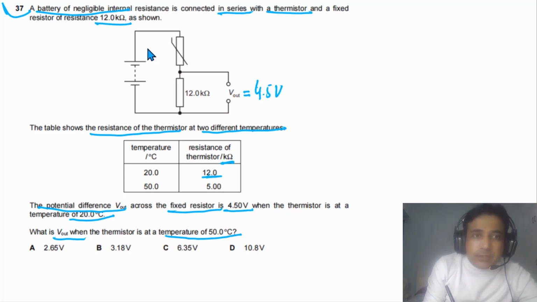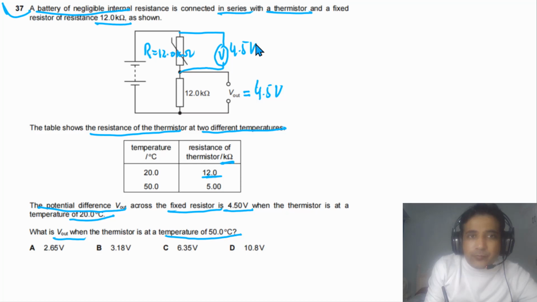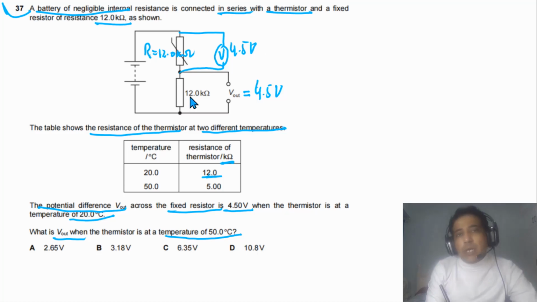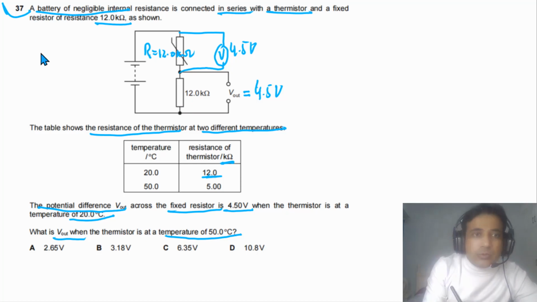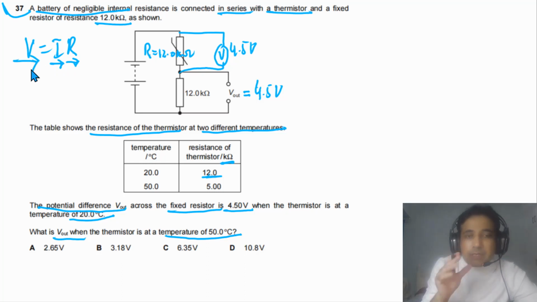If the resistance of this one is also equal to 12.0 kilo ohms, it also means that the PD across this one also has to be equal to 4.5 volts, because these are two identical resistors connected in series. They have the same resistance, so they have the same current, so the PD also has to be the same. So V is equal to IR. If R is the same and I is the same in series, V also has to be the same.